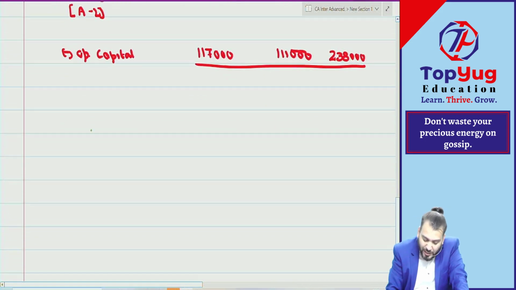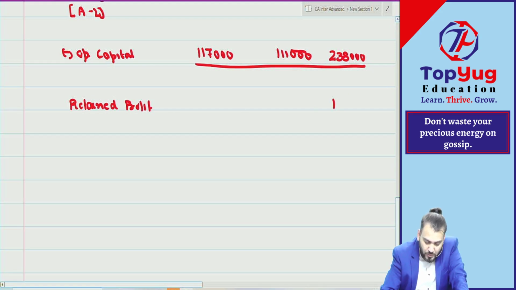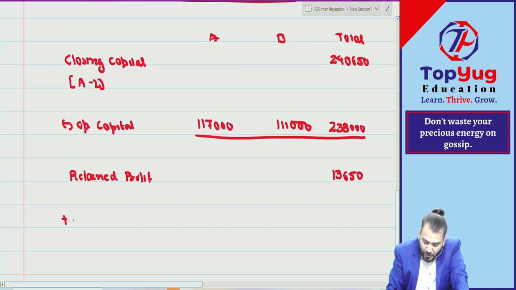How much is retained profit? Retained profit is equal to 13,650. Now plus what, drawing? What is 2,28,000?